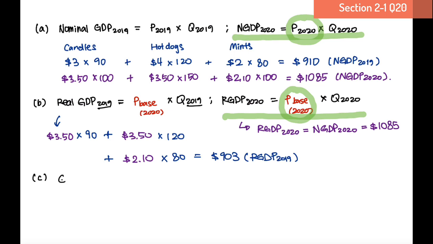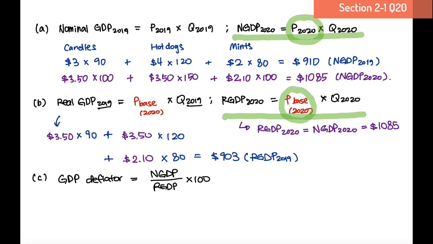Let's find a GDP deflator for both years. To find the GDP deflator, you need to divide your nominal GDP by your real GDP and multiply by 100.